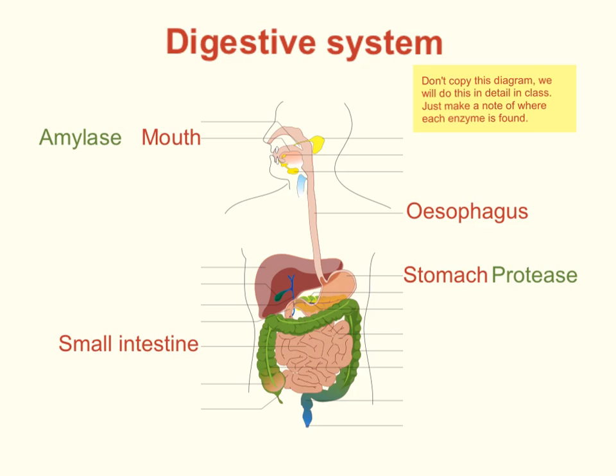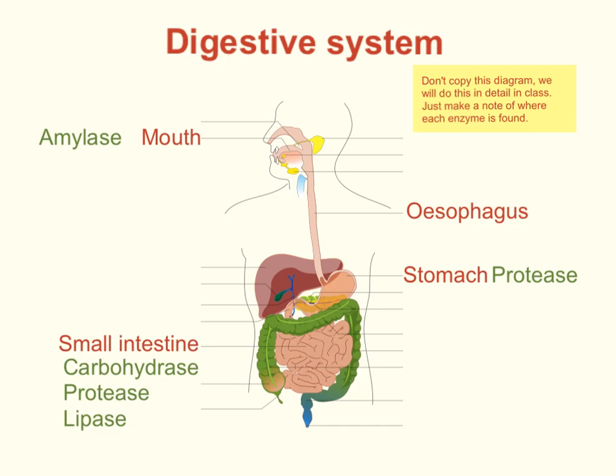So we've got 3 types of enzymes involved in the small intestine. We've got more carbohydrases, which are going to continue breaking down all those sugars into glucose molecules. We've also got protease enzymes, which are going to continue breaking down the short chains of amino acids into single amino acids. And we've also got lipase enzymes.